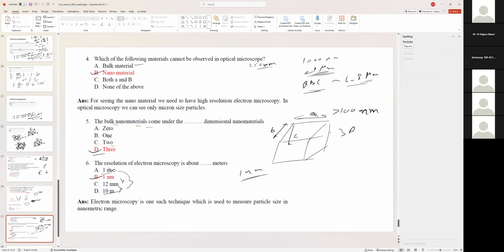And actually, the newer high resolution HRTEMs, you can even go down to maybe picometer. This is 10 to the power minus 2, 0.01 nanometer.